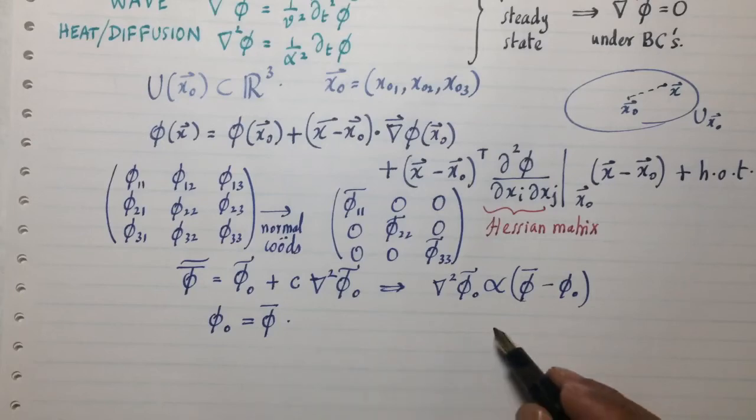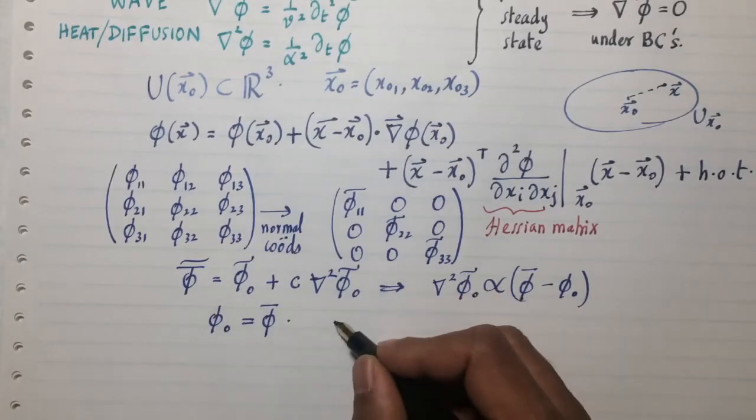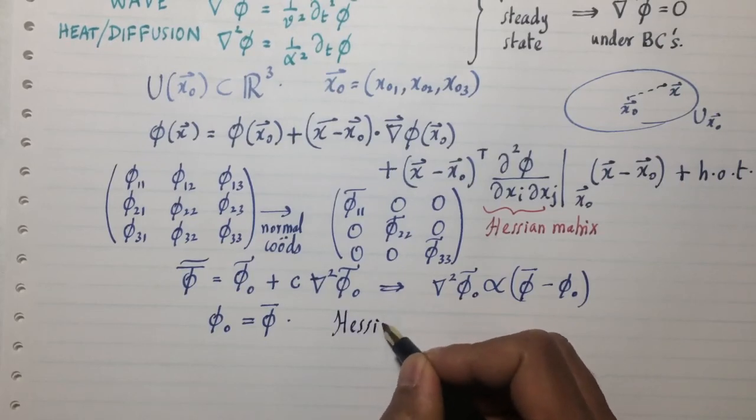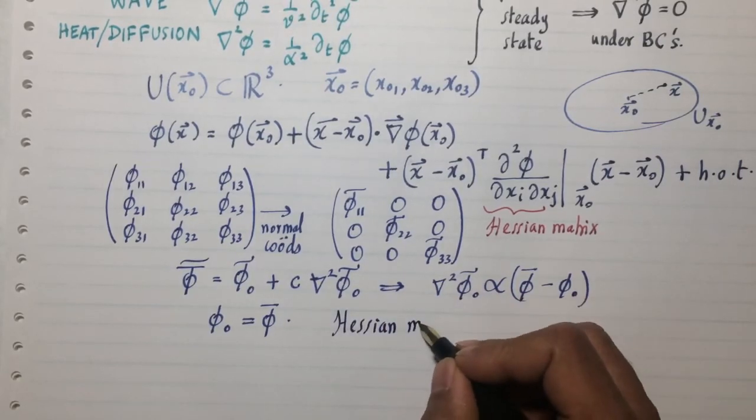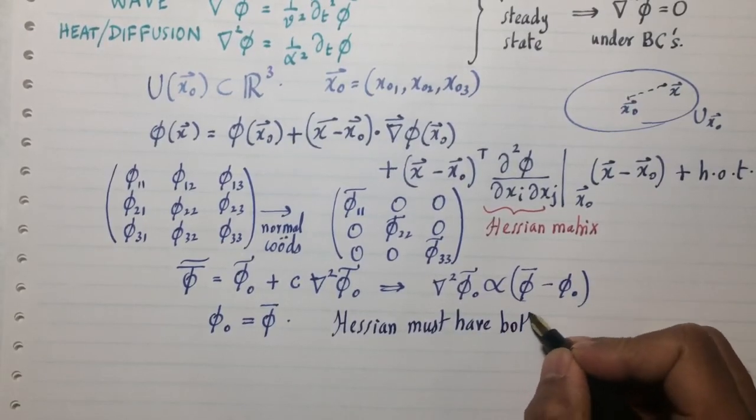So the only kinds of behavior you can have are saddle points, which means that the Hessian matrix must have both positive and negative eigenvalues.